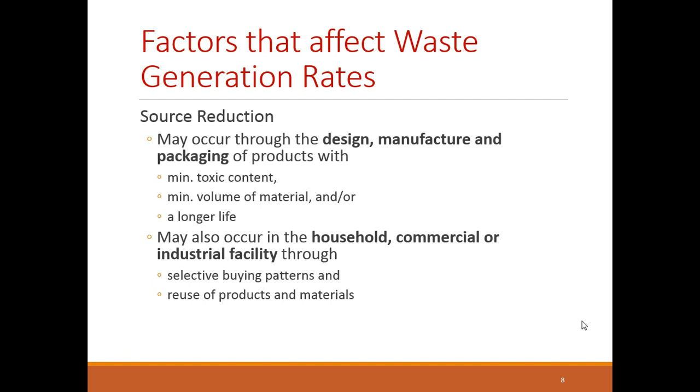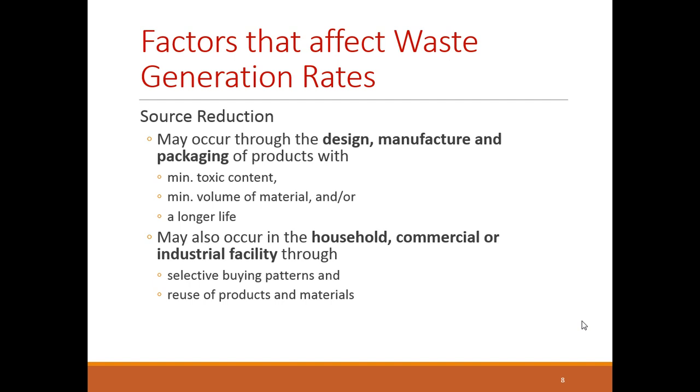Because as we have seen before in the previous lesson, when we looked at materials flow analysis, you would have learned that at every stage of the process we actually produce waste.